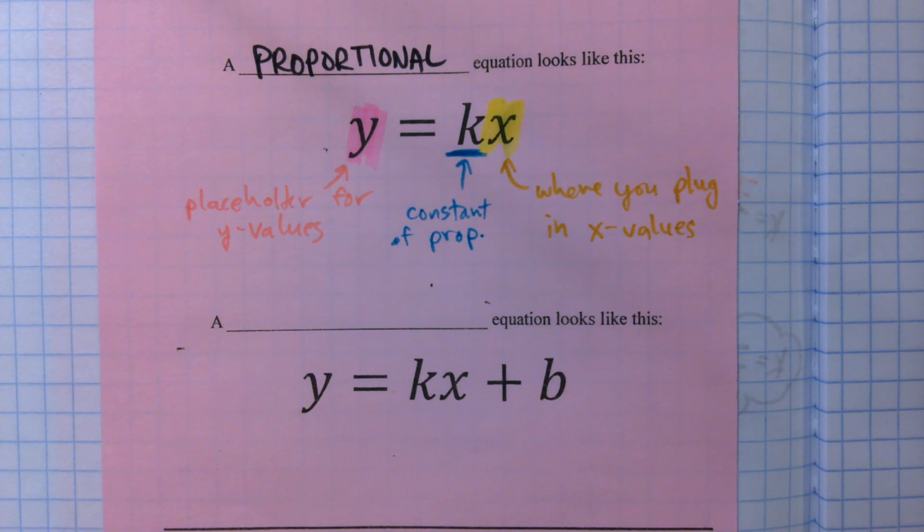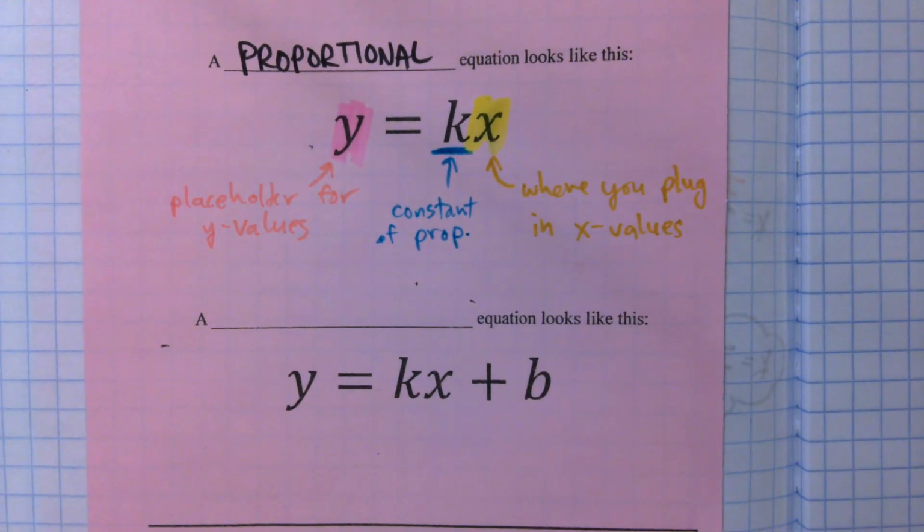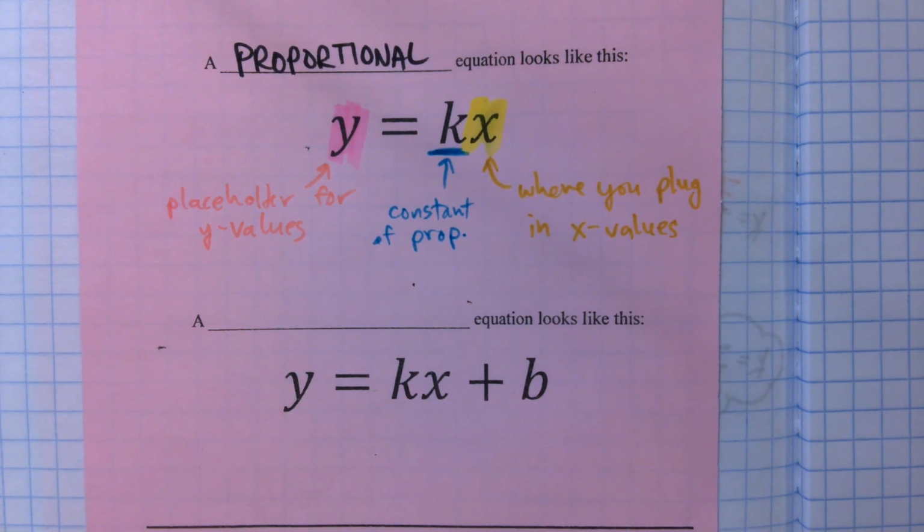Exactly. All right. So that's my proportional equation. It looks just like that, right? Y is equal to kx.